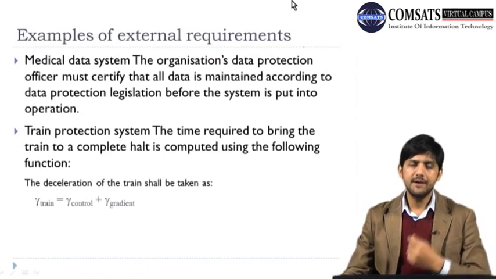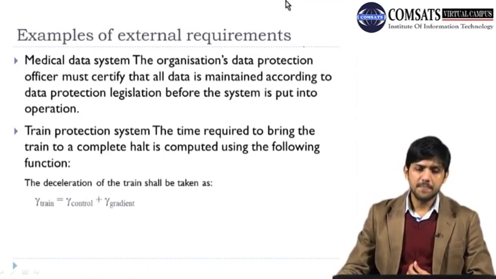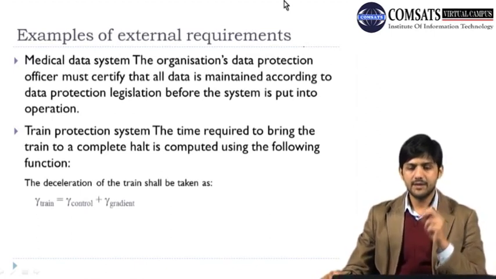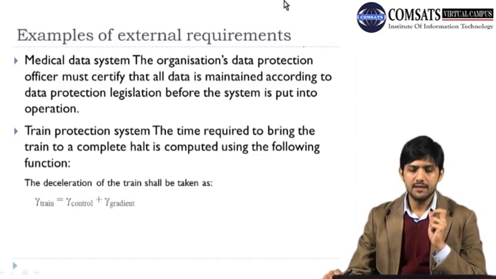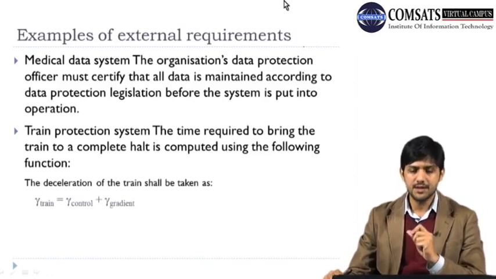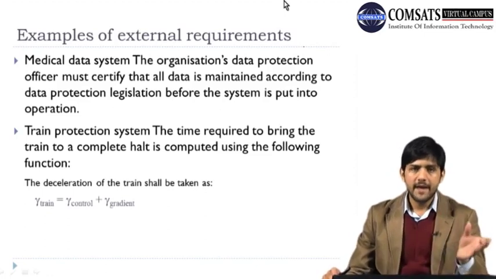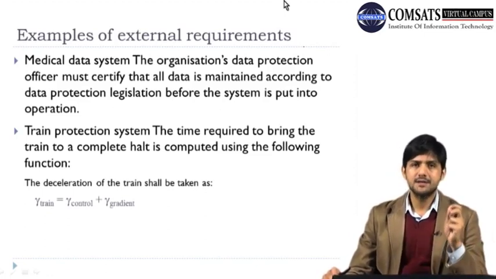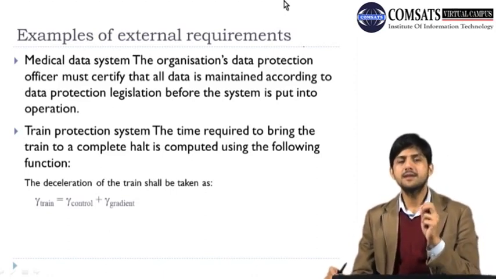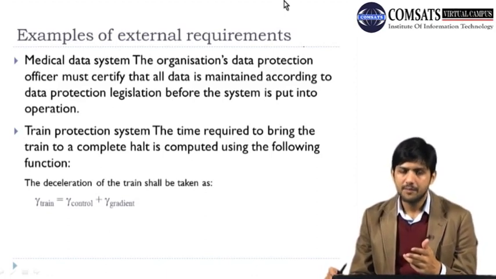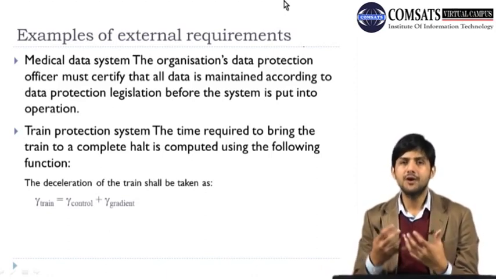So finally we have external requirements. A couple of examples: for a medical data system, the organization's data protection officer must certify that all data is maintained according to data protection legislation before the system is put into operation. Now, as I mentioned in our last lecture as well, one of the main concerns of all the people working in the e-health area is maintaining the security of electronic records, because nobody wants the patient record to become public.